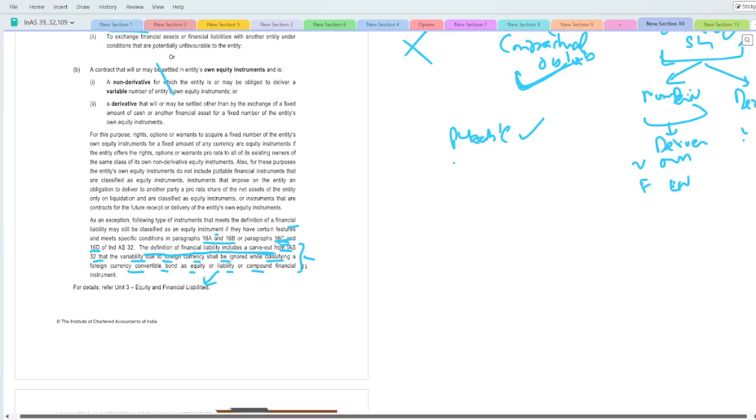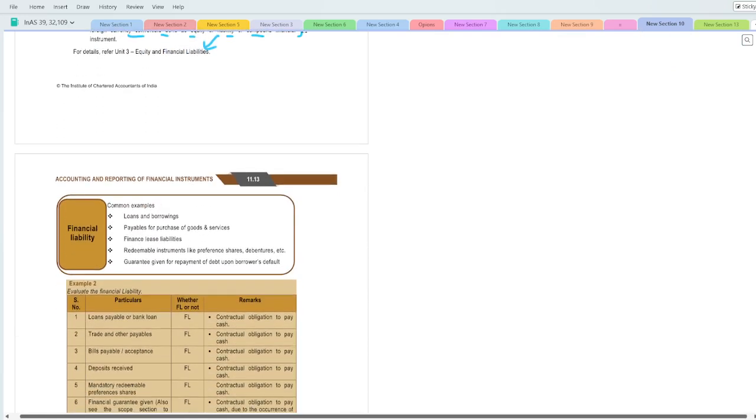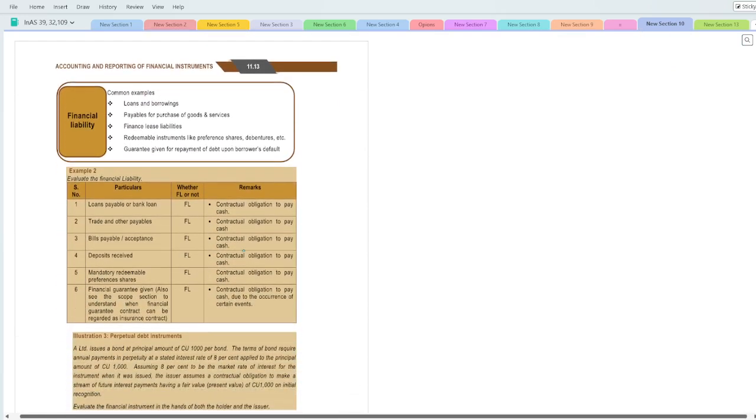Okay, so the financial liability. The loans and the borrowings: here the contract is there, and in the contract you need to pay the cash in the future. Then the payables for the purchase of goods and services: here the goods and services leg is completed, and only the second leg is pending, that is the payable, and that is also in the future.